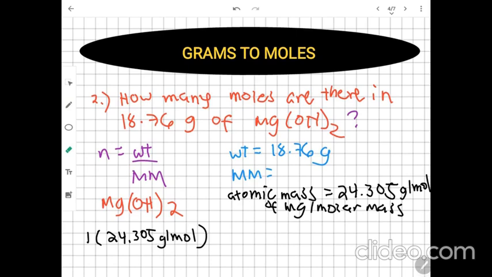And now we can consider the atomic mass or molar mass value for our oxygen and hydrogen.